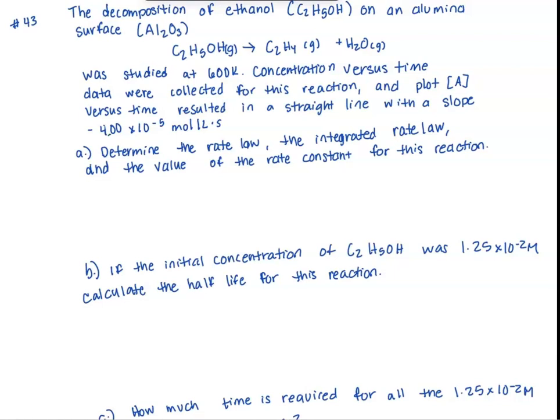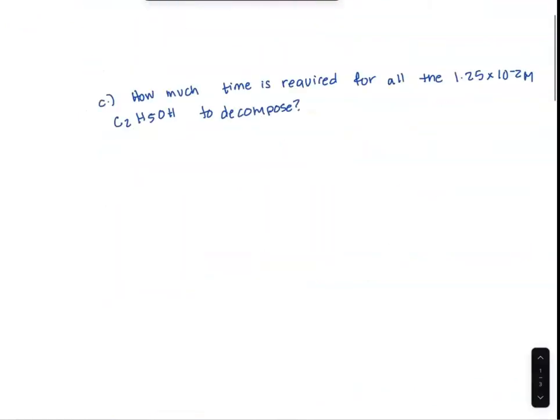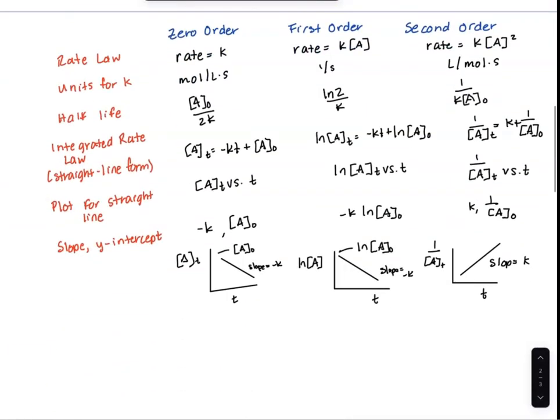So there's a couple ways to go about this. One thing that I would recommend is to have a separate sheet of paper in which you have listed your first order, zero order, second order, and you have something like this, which lets you know what's going on.